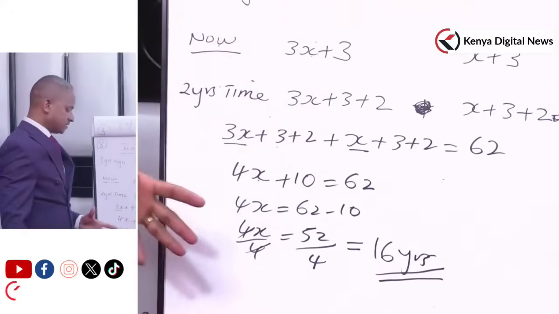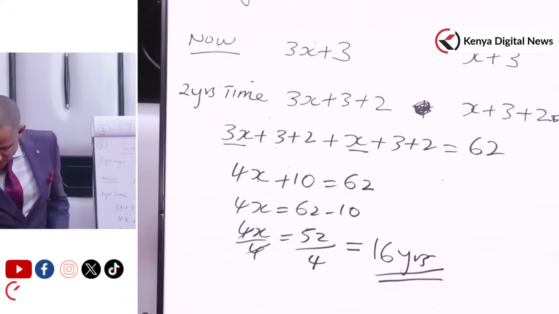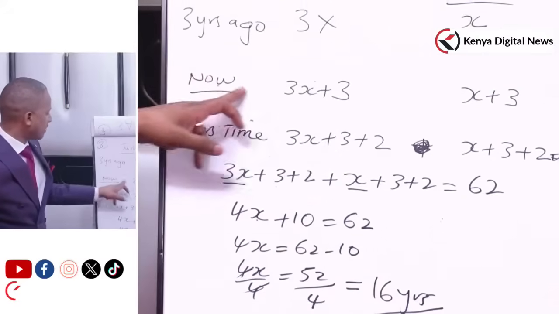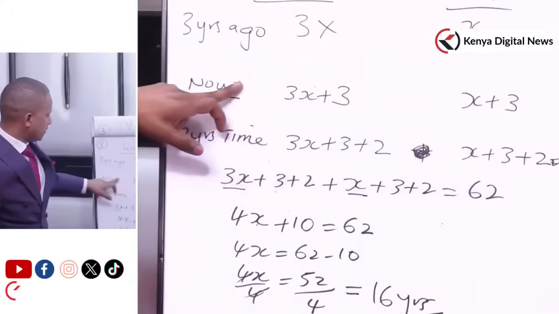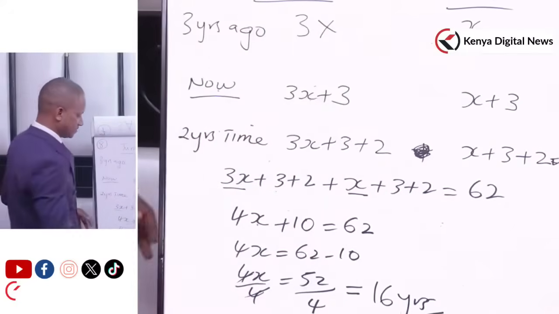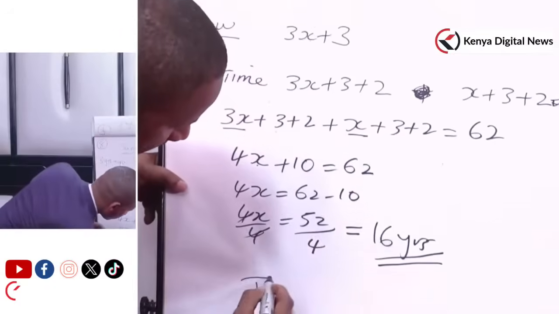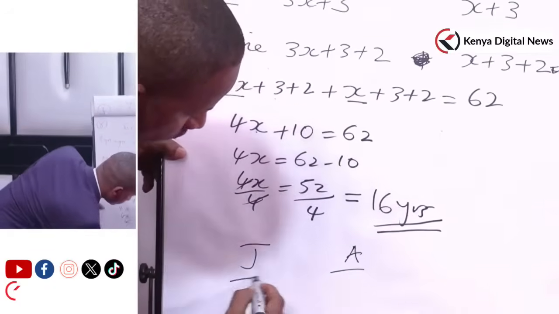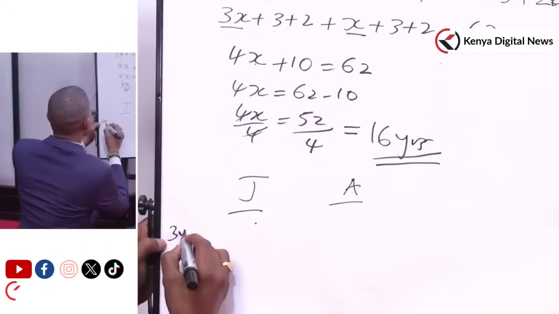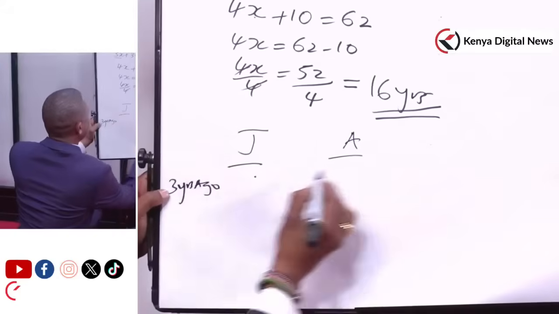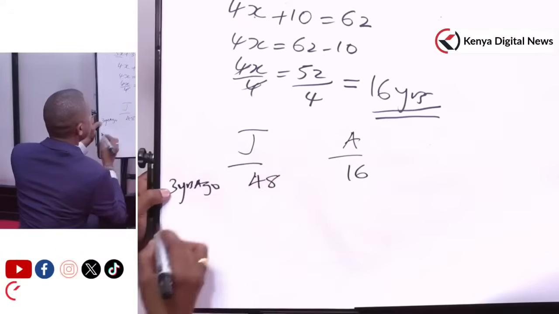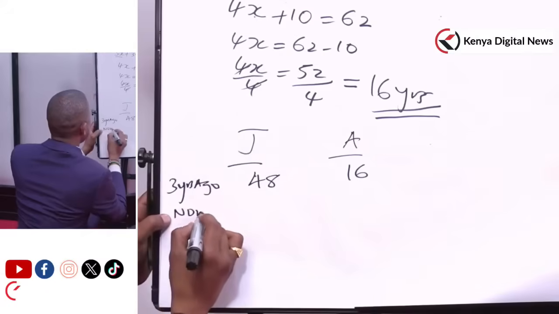So the question says, what are their present ages? Present, where is present? Now, here. So 3 years ago, Ali was 16 years. You come here, Juma, Ali. So 3 years ago, class, Ali was 16. But Juma was 3 times, which is 48. Then you come to now.